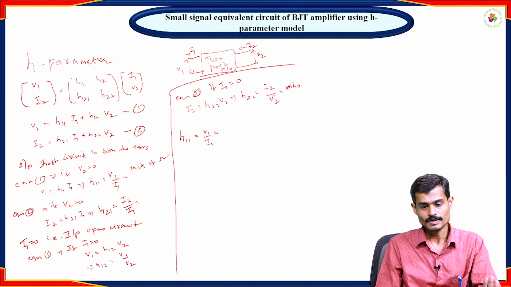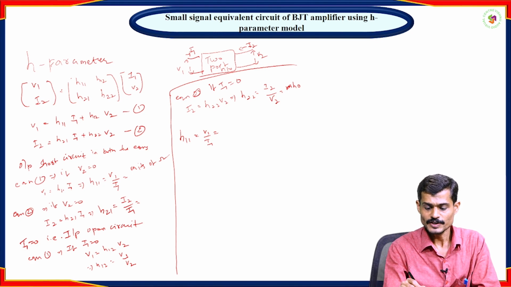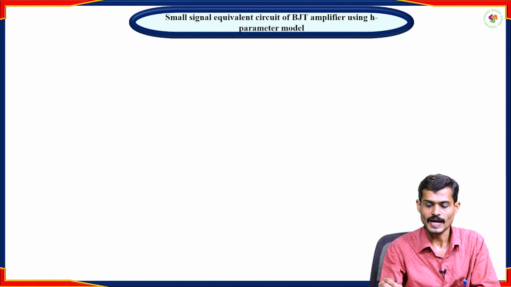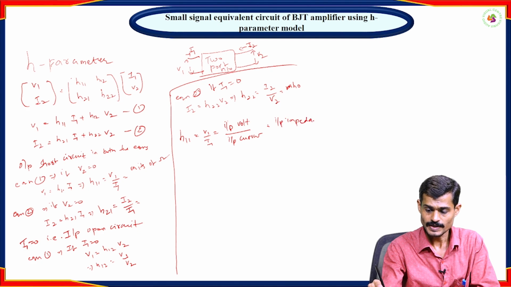But in electronic circuit analysis, in the BJT amplifier H parameter model, we are going to represent it by another representation. H11 equals V1 by I1, which has the units of impedance, and V1 is your input voltage and I1 is your input current. So it is input voltage by input current, that is nothing but input impedance. H11 is input impedance.